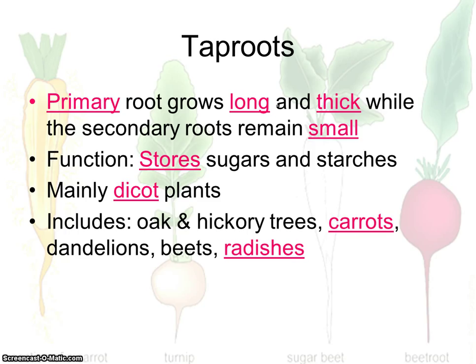So if you were to dig up a 50-year-old oak tree, it might have a few smaller secondary roots growing out, but it's going to have one main large taproot that is growing down to access water and nutrients. Hickory trees, carrots, beets, radishes, okay, for some examples.